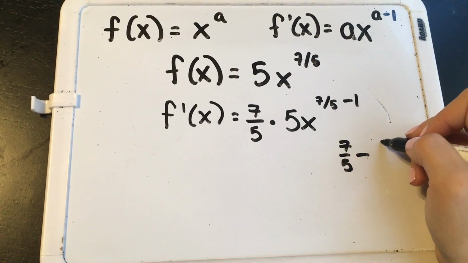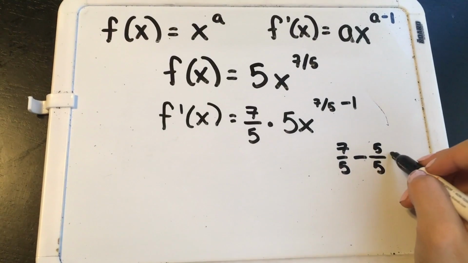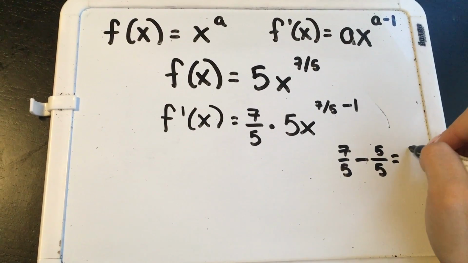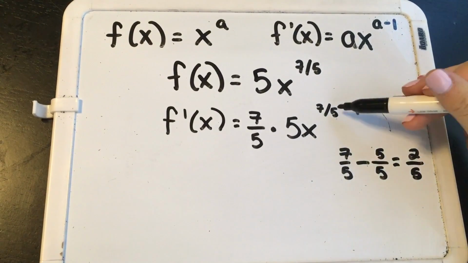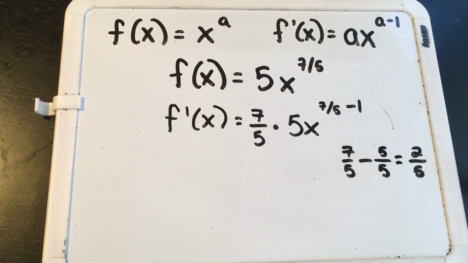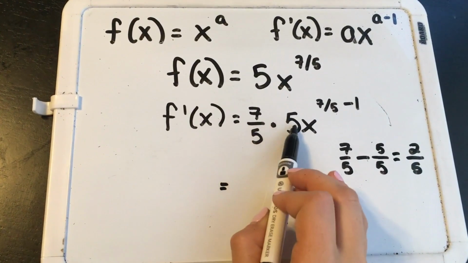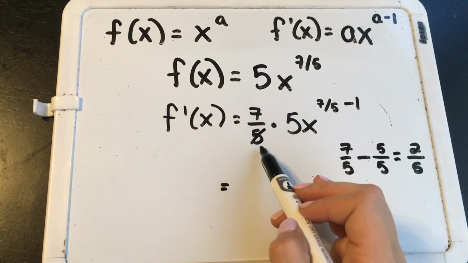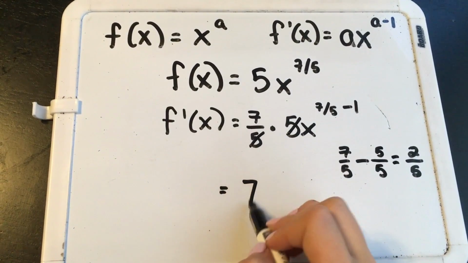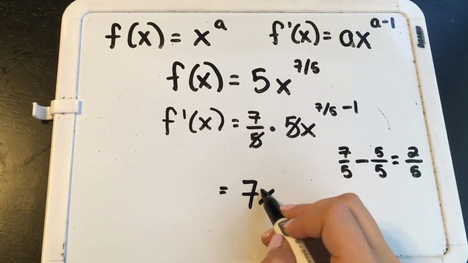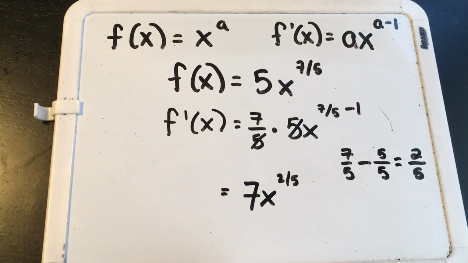I'm going to change 1 to 5 over 5 so that we have our common denominator. Subtract the tops, 2, leave the bottom the same, 5. So 7/5 minus 1 is just 2/5. Let's reduce this a little bit. 7/5 times 5, the 5 in the denominator and the 5 in the numerator will cancel. We're just left with the 7. X is raised to the 2/5 power.